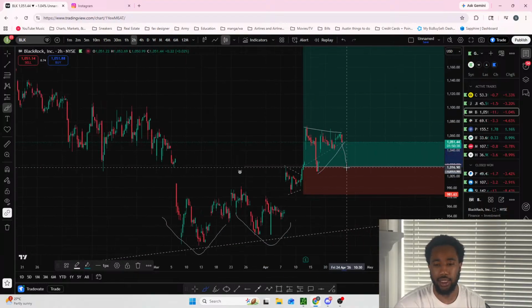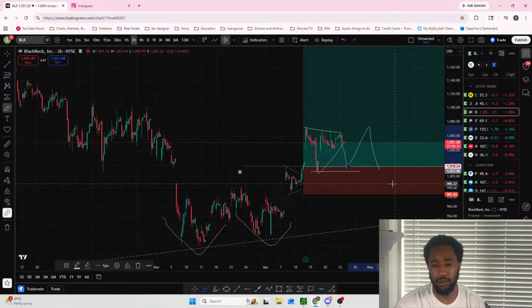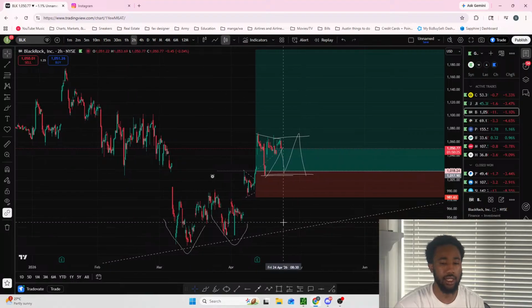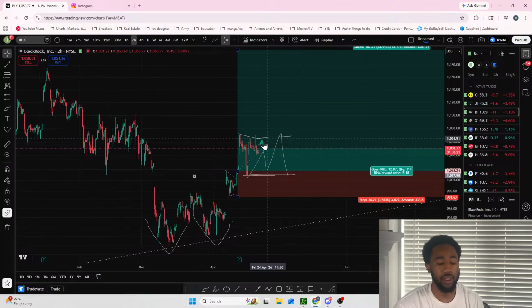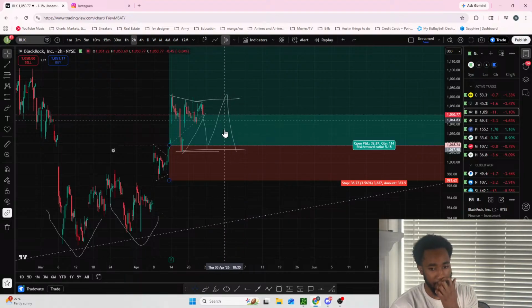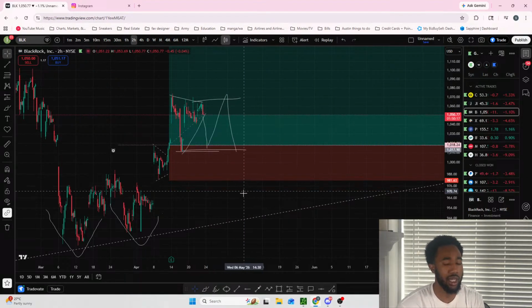If it breaks down to the downside, hopefully it bounces off the neckline again. But if it makes this double top here, it might be a sign that this doesn't have much room, or it's just going to make a channel, and you're going to have to be even more patient. So if you're in the options, you might be looking to get out at this double top, and definitely save yourself from it crushing your stop loss down here.